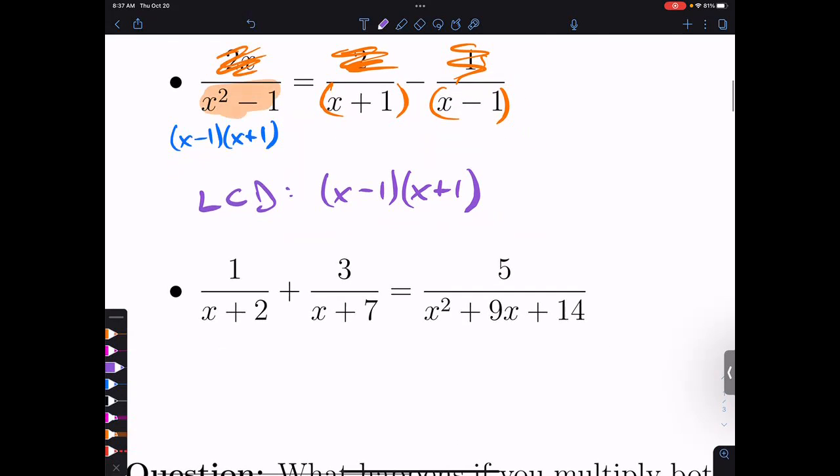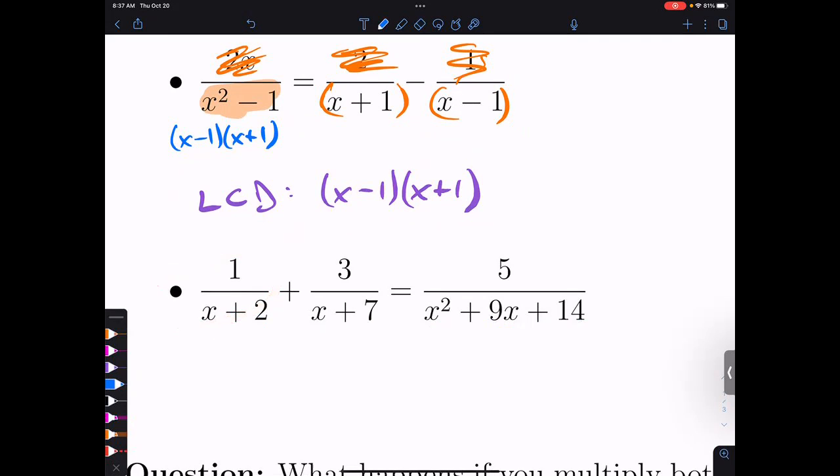All right, so what about the next one, this one? I've got x plus 2, I've got x plus 7. What's this? Can you factor it? You find two things that multiply to 14 and add to 9.